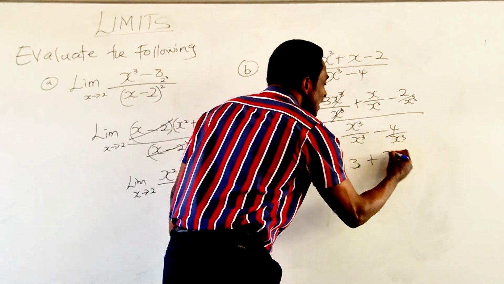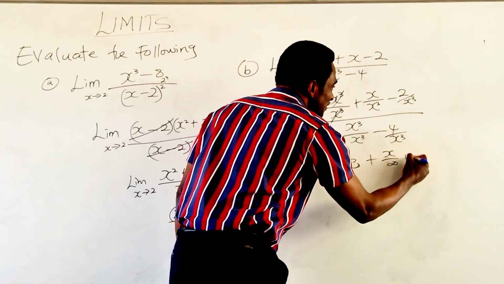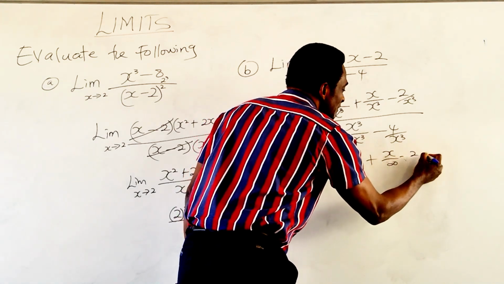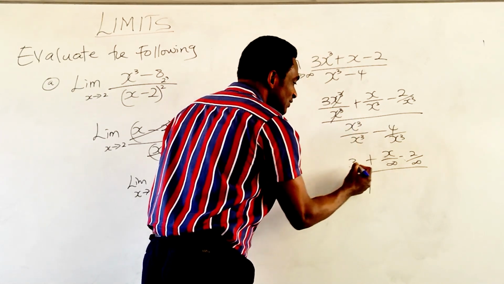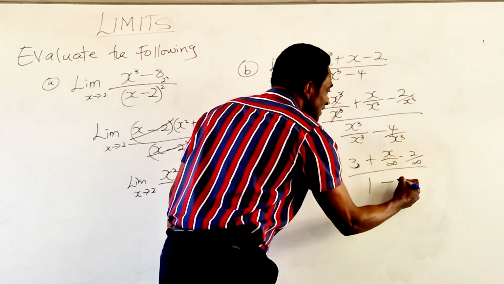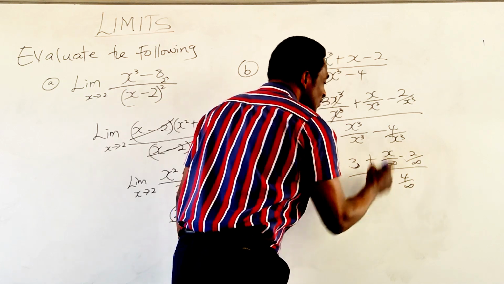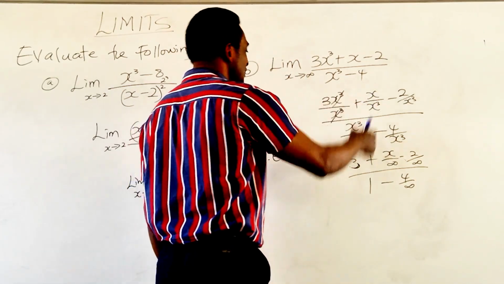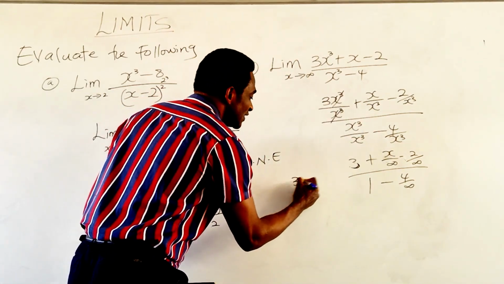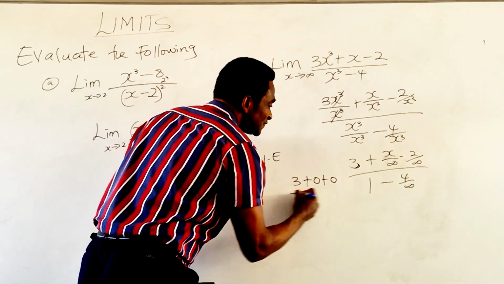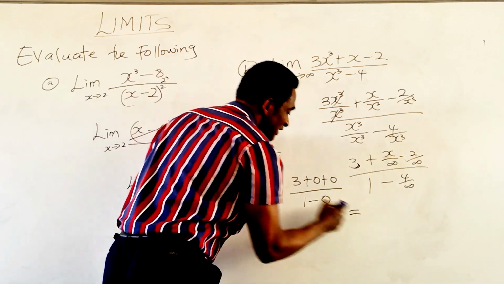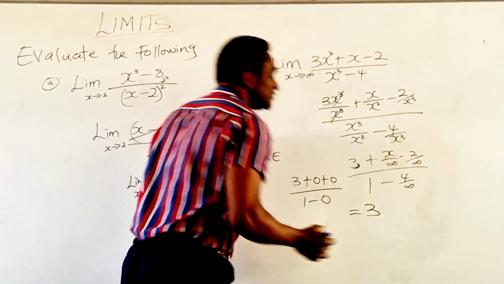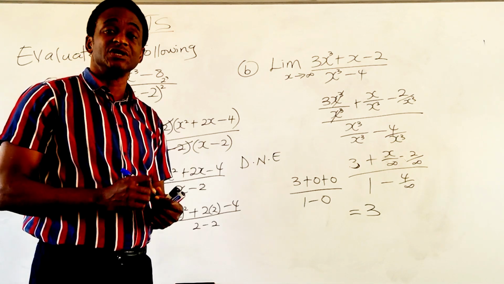This gives us x over infinity, which returns a 0, because infinity is not a number. This gives us 1. It's not a number that can divide anything. So here we will have 3 plus 0 divided by 1 minus 0. So our answer is 3 over 1, which gives us a final answer of 3.